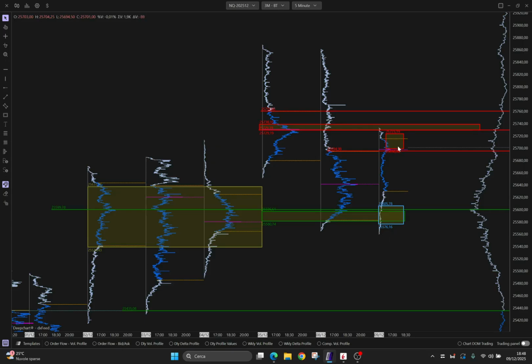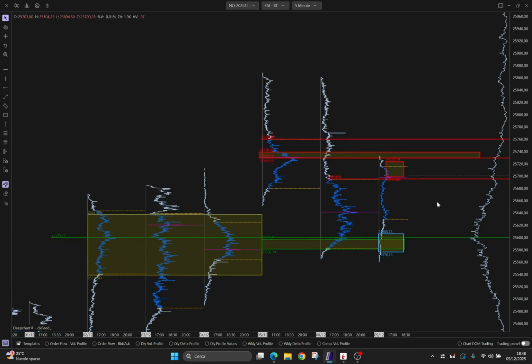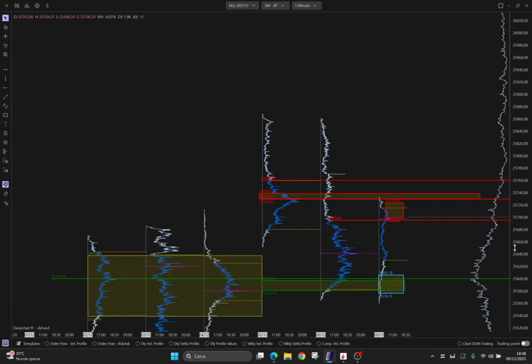We want to make the sniper entry if we accept this level. If we accept this level, I can already tell you that we have some amazing movement. But are you willing to be patient?